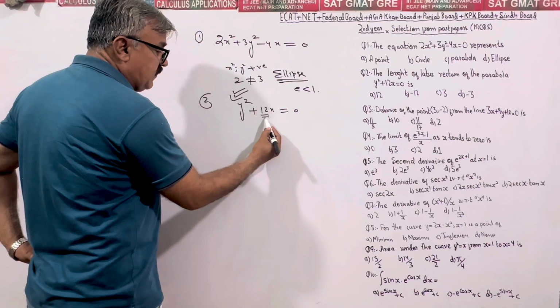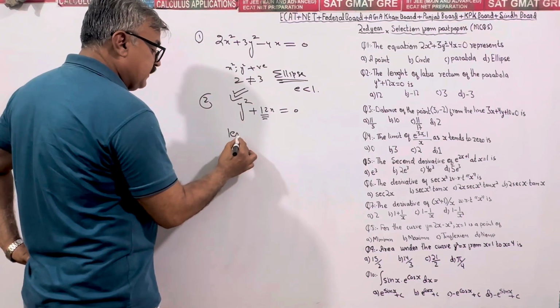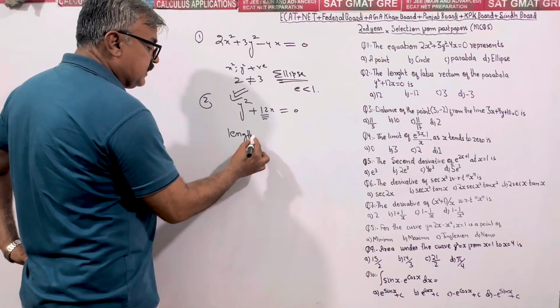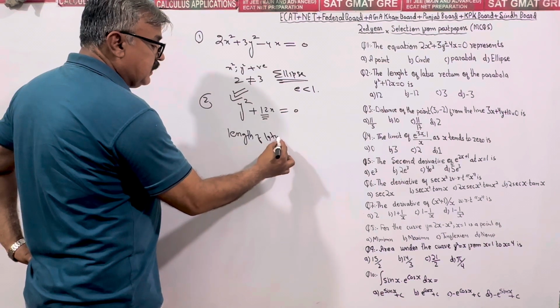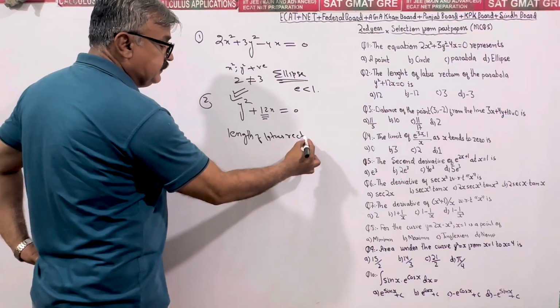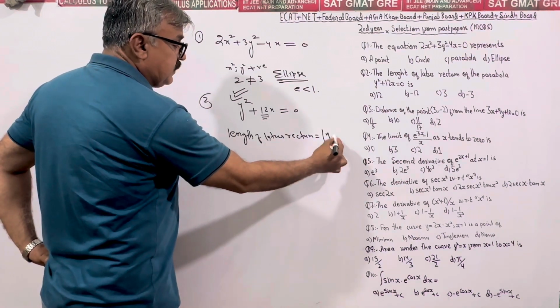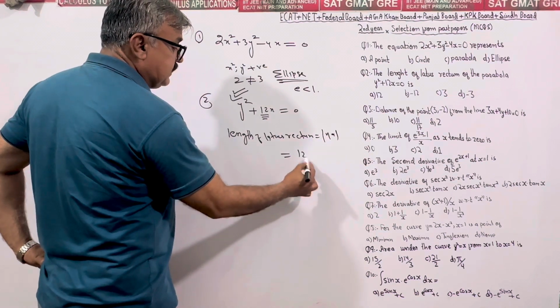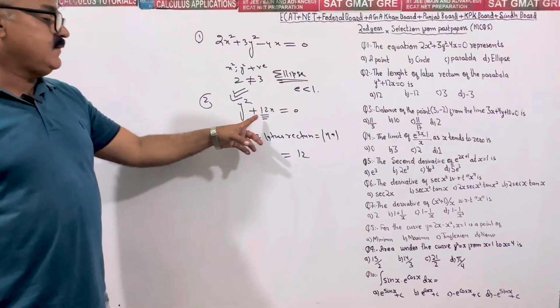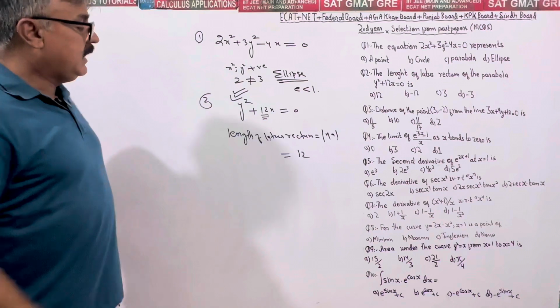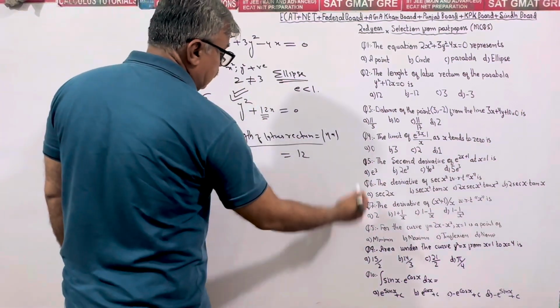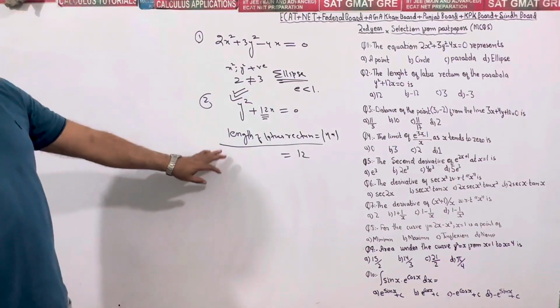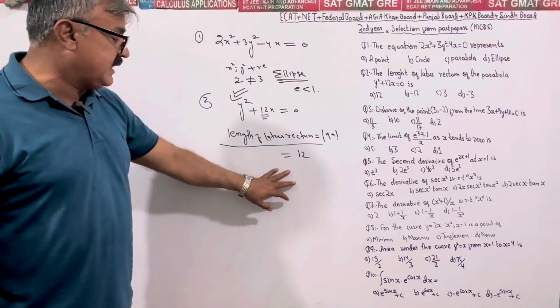Whatever is the coefficient of x, it is our length of latus rectum, that is denoted by 4a. In that case, it is 12. If it is negative 12x, drop the minus sign. Why? Length is always positive, a non-negative quantity.